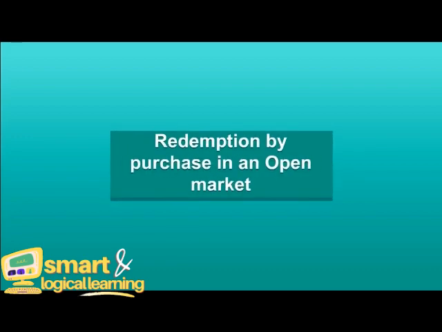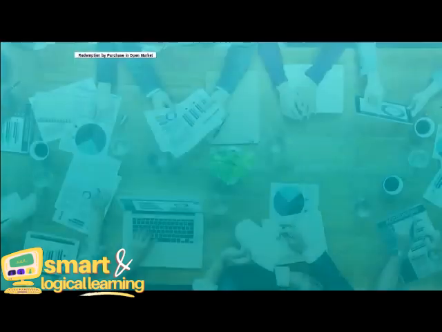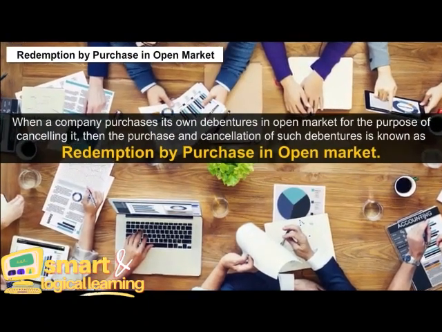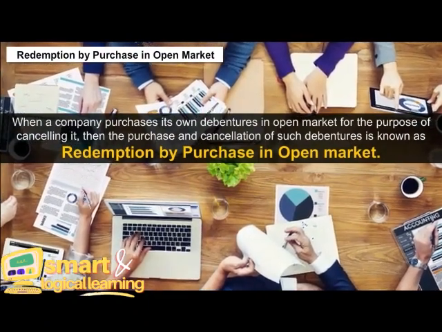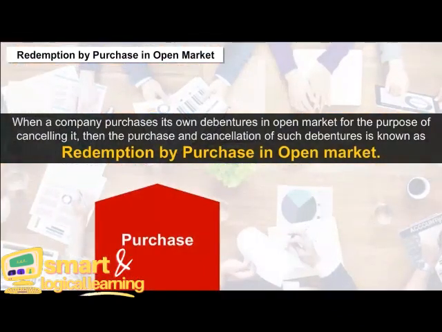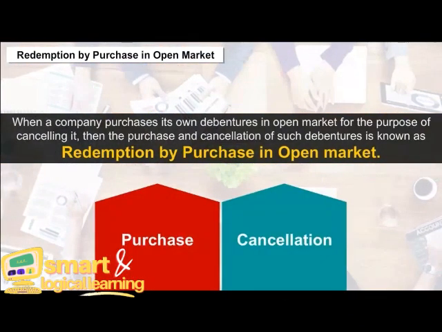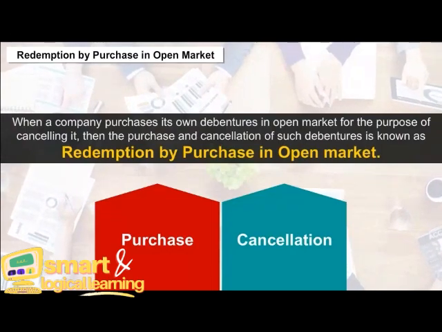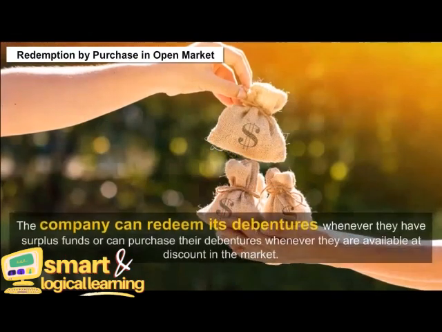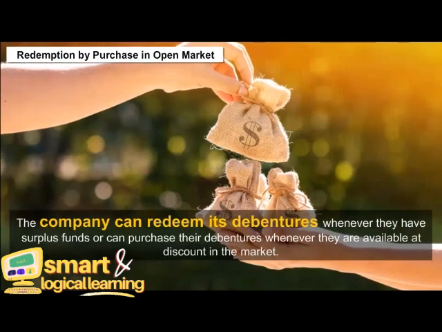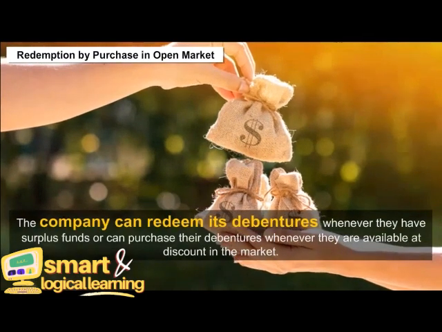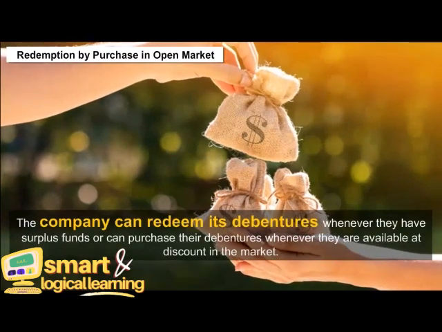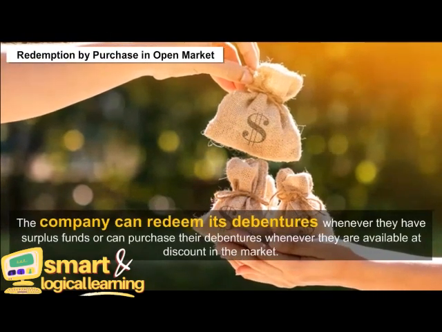Redemption by purchase in an open market. When a company purchases its own debentures in the open market for the purpose of cancelling them, then the purchase and cancellation of such debentures is known as redemption by purchase in open market. The company can redeem its debentures whenever they have surplus funds, or can purchase their debentures whenever they are available at a discount in the market.